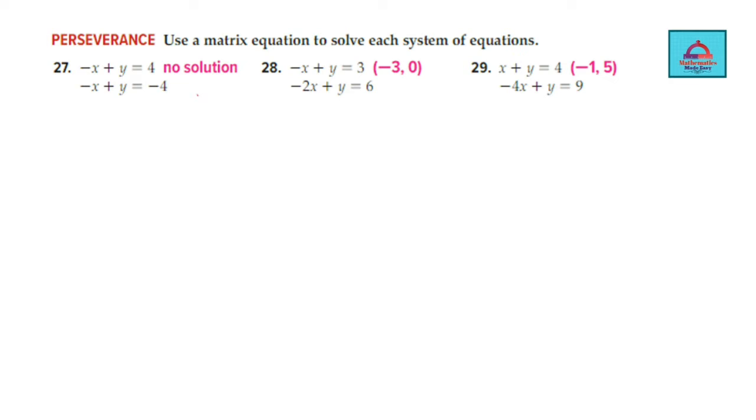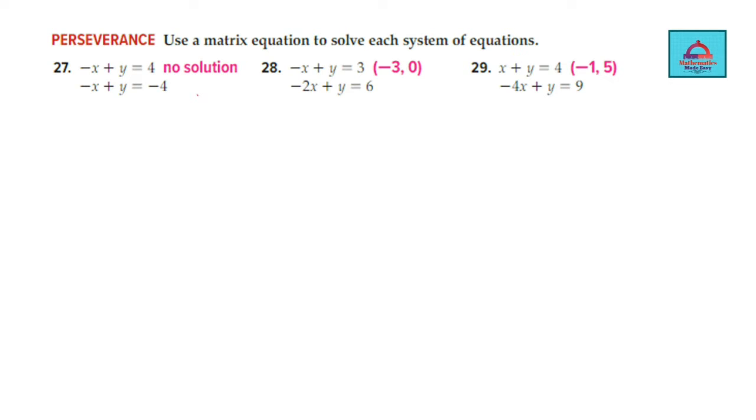In today's session, we will be solving these three problems. Out of these three, I'm going to do the first two for you, which are question 27 and 28. These questions I've taken from your math book from the unsolved problems. In these questions, you need to use a matrix equation to solve the system of equations.